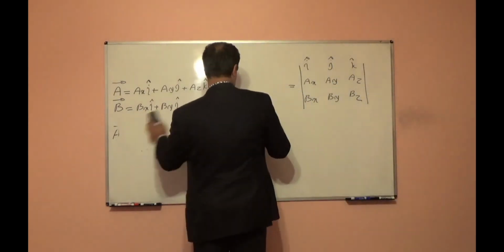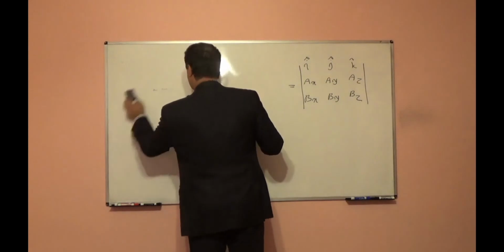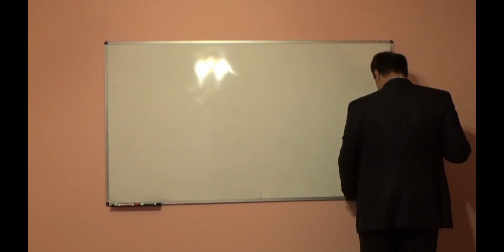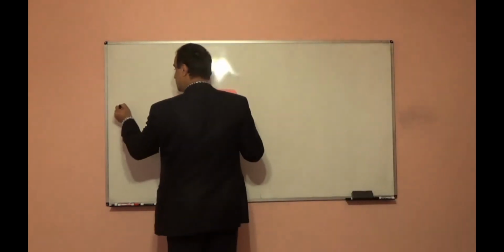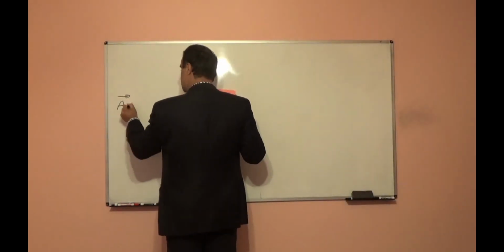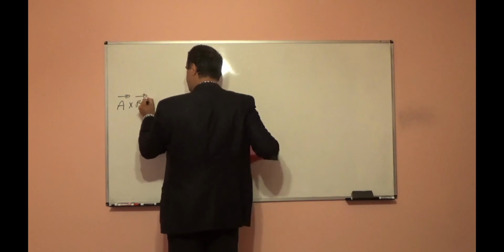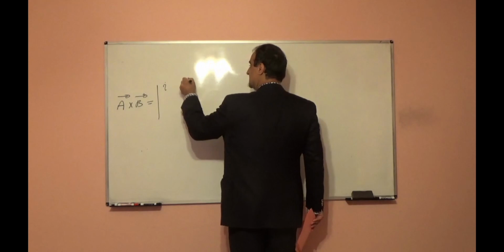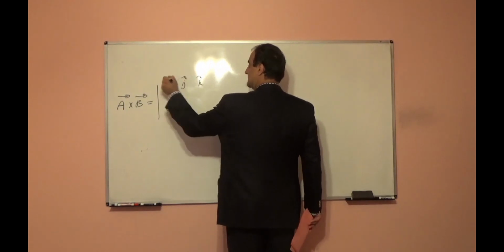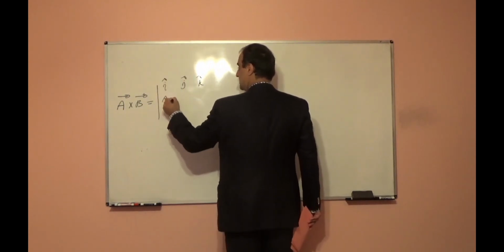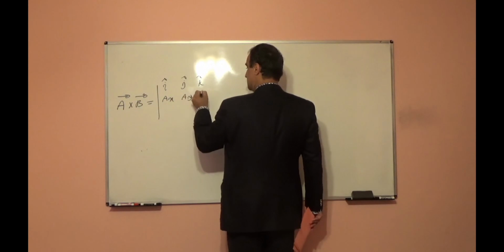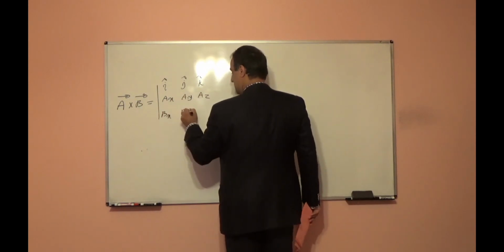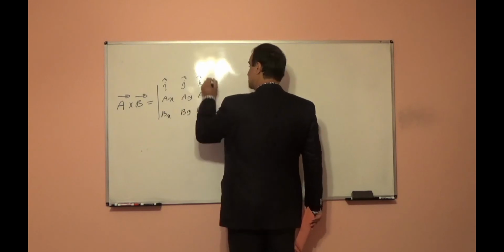In determinant form, if I write A cross B, I can write i, j, k, Ax, Ay, Az, Bx, By, Bz.